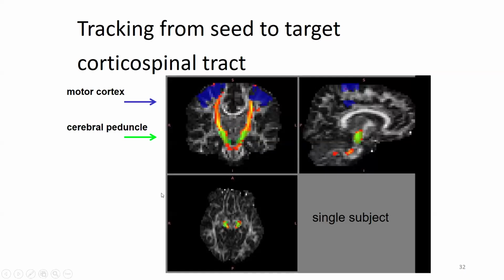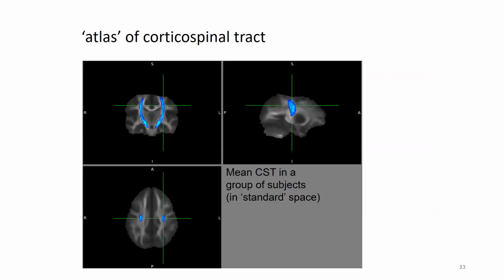But I can get something like the probability of my cortical spinal tract in this subject in these three orientations. And when I can do that in one subject, I can also combine different people together. Of course, I have to make sure that all the data are in the same space, so in the same atlas space or whatever. That's too far for now, but that's why I call it a standard space.